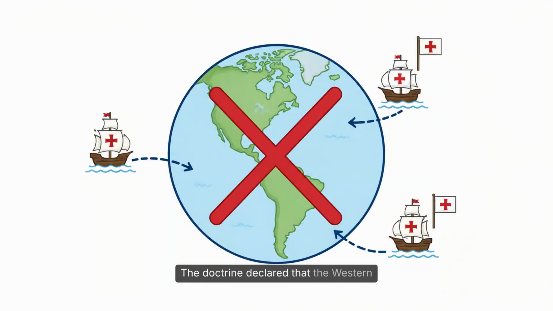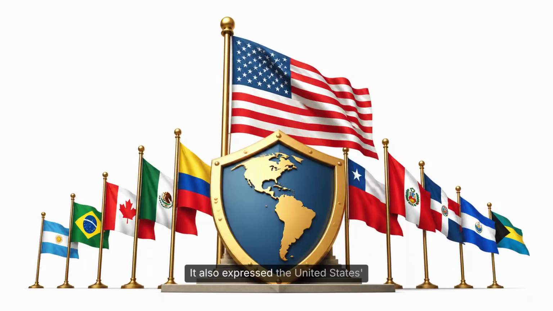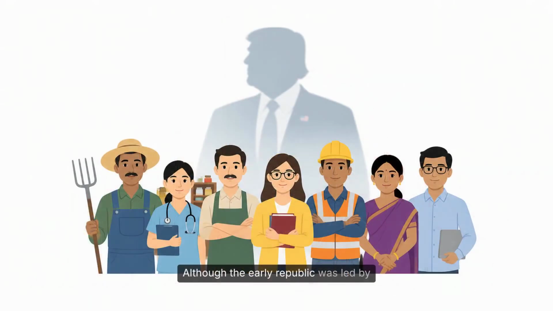The doctrine declared that the Western Hemisphere should no longer be considered open to new European colonization. It also expressed the United States' intention to preserve its political independence and support the sovereignty of nations in the Americas.